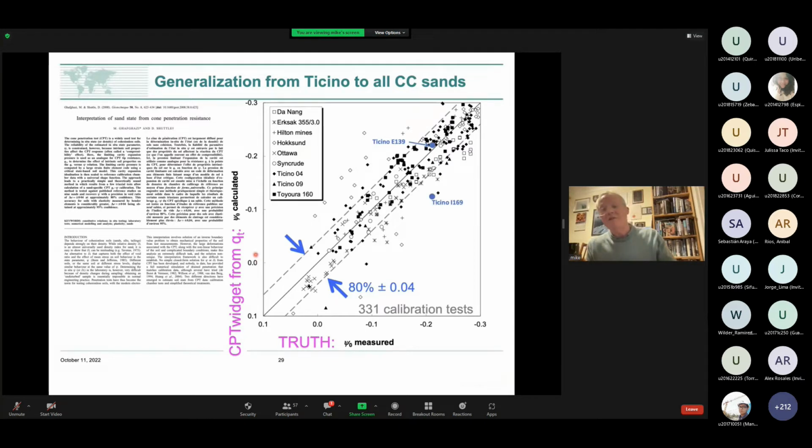To illustrate the effects of these things, I've highlighted 2 tests here from the Ticino data set. That's test E139, and I can't see off the screen what that one is. Hang on a second, my screen's cluttered. Anyway, that's the second test. And the point of these 2 tests is they have reported identical void ratio and confining stress to about 3 significant figures.